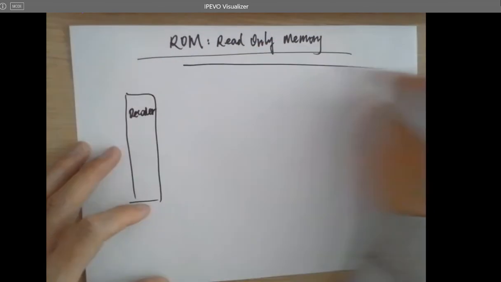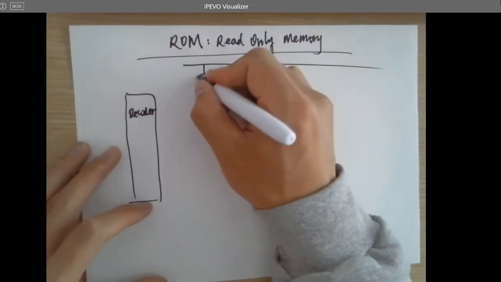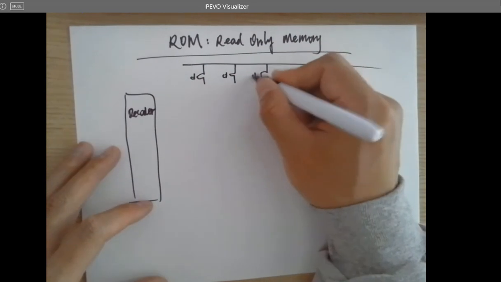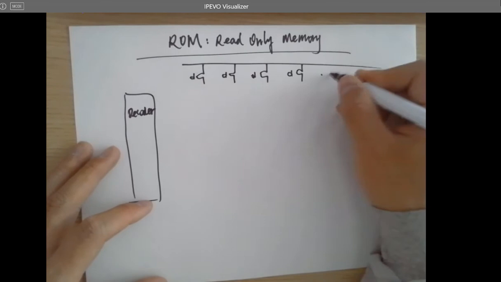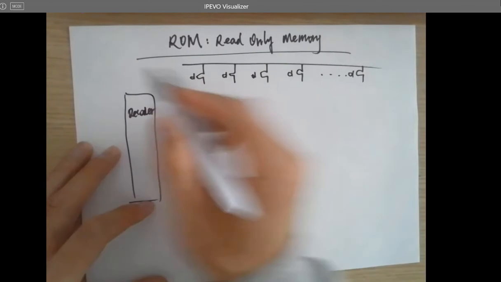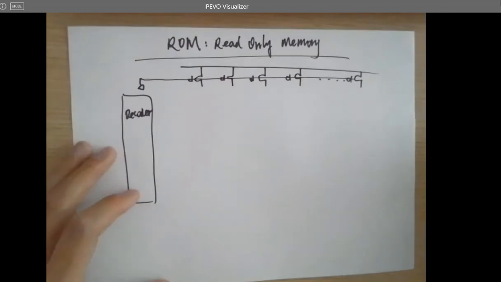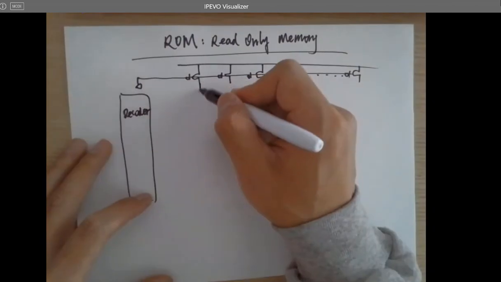And VDD here, and all the PMOSes. And they are always on because the gates are grounded. And these are all the lines.